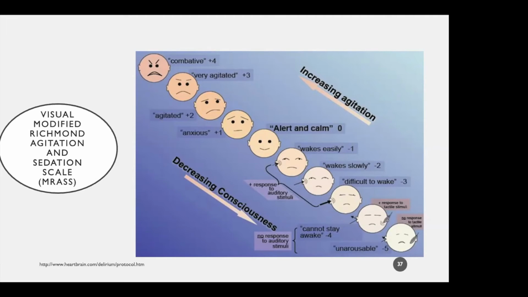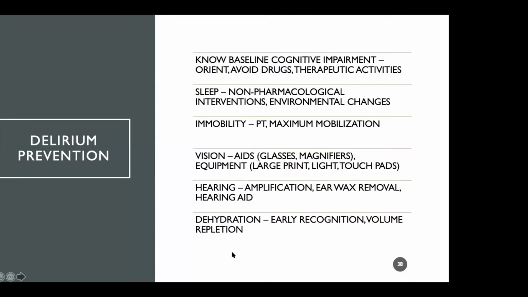Next slide. So how do you prevent delirium? We talked a bit about it. Know your resident, patient, client, consumer's cognitive baseline. What is their baseline in terms of their mood, in terms of their cognition? Orient, avoid drugs, and involve them in therapeutic activities. Sleep.